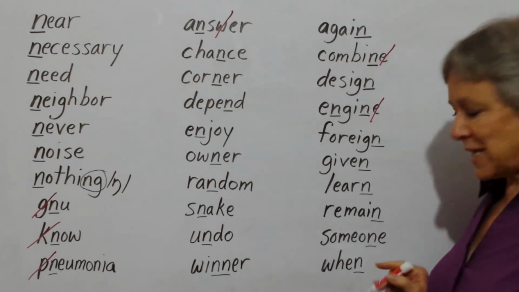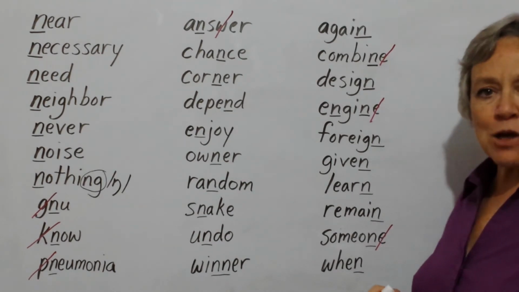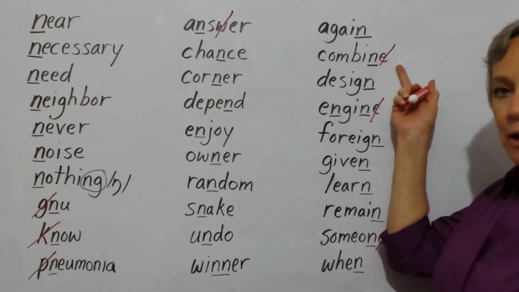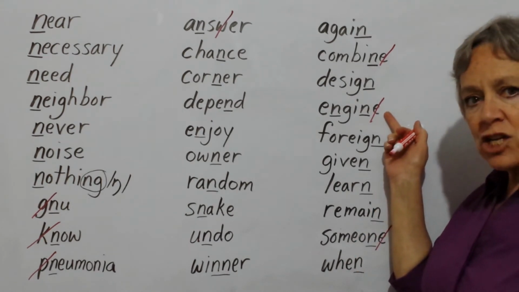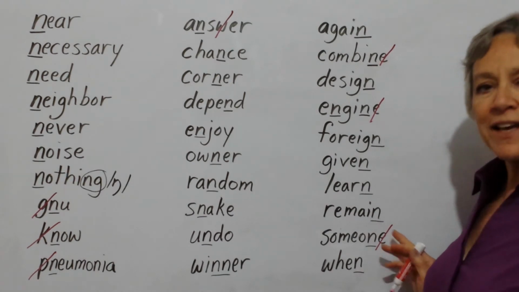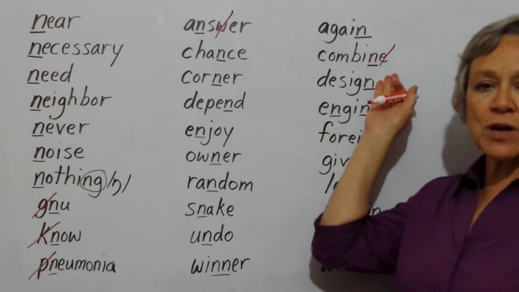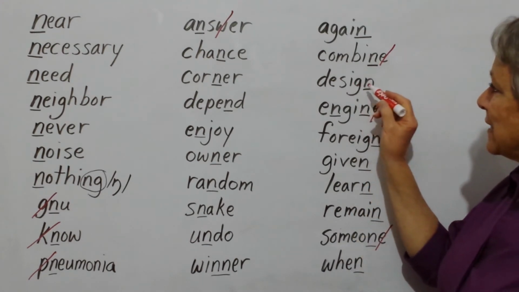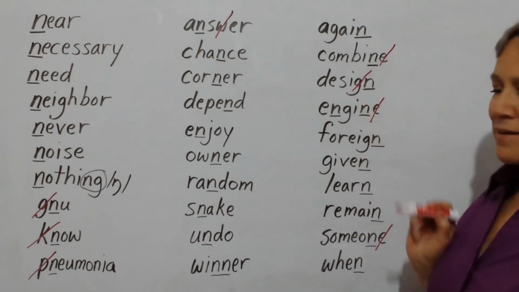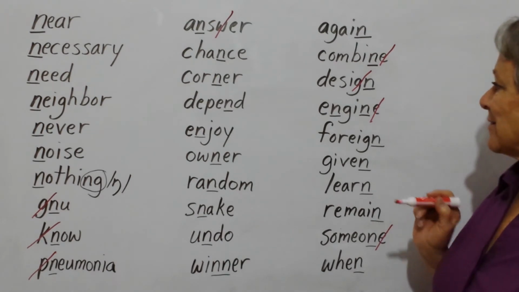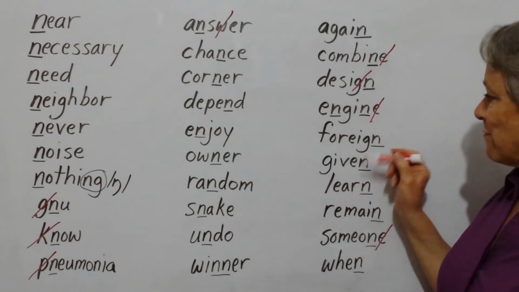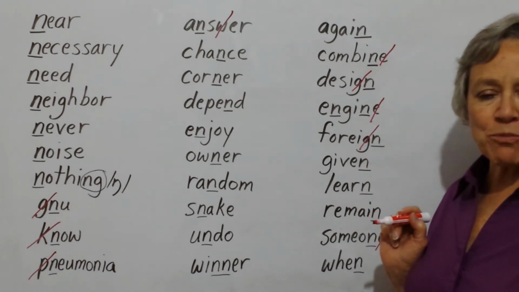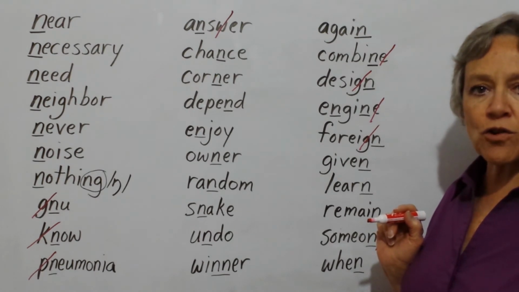And we do not pronounce the E at the end of someone, okay? Combine, engine, someone. In English, we normally do not pronounce the last letter E in most words. In design, we do not pronounce the G, design. And in foreign, we do not pronounce the G, foreign.